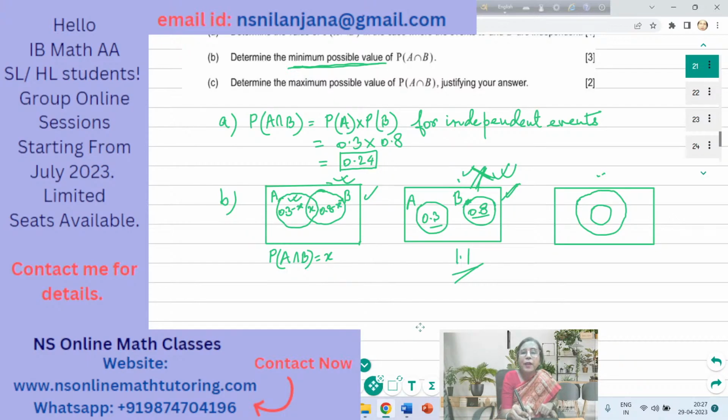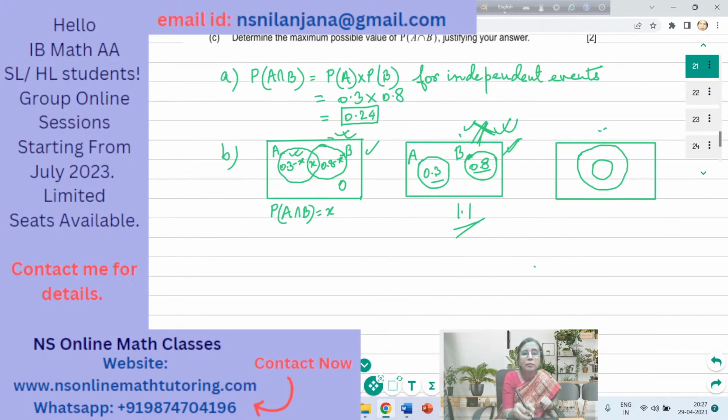So what is the value of X? The sum total should be equal to 1, because I'm considering that P of A union B prime is equal to 0. This part is not having any non-zero probability.